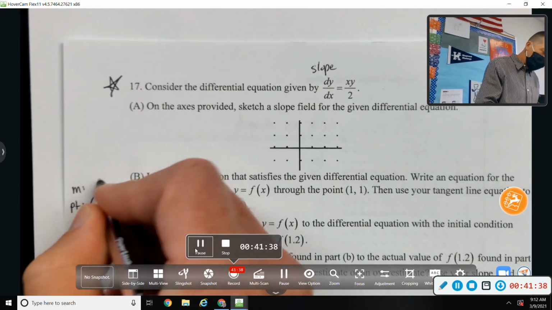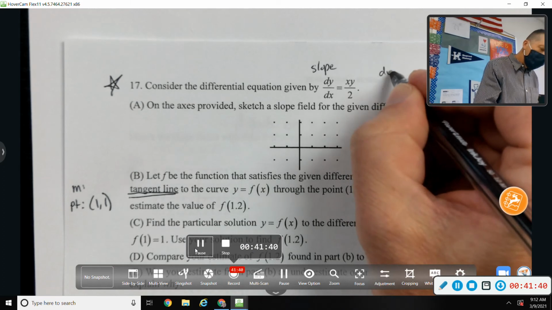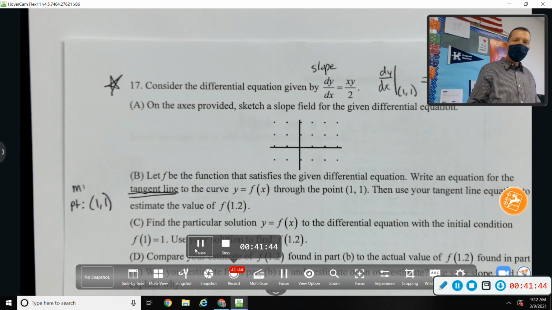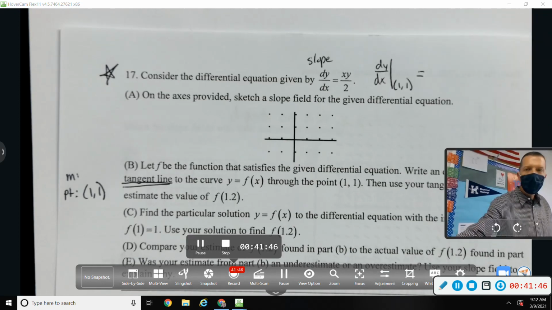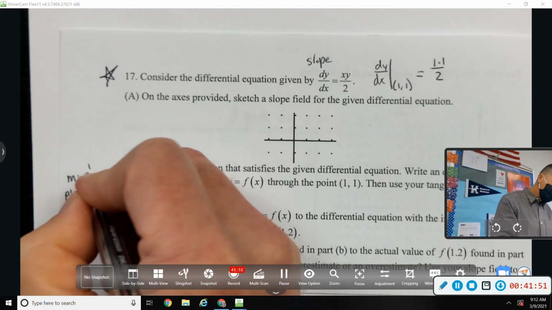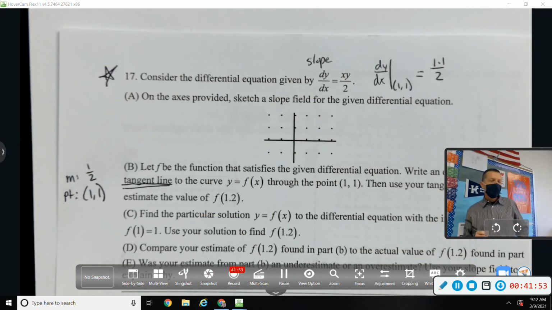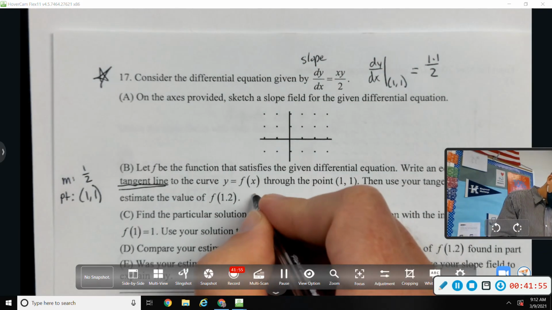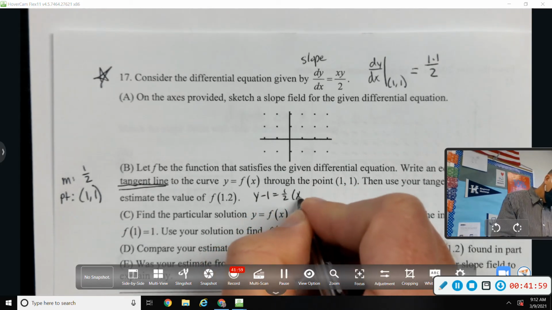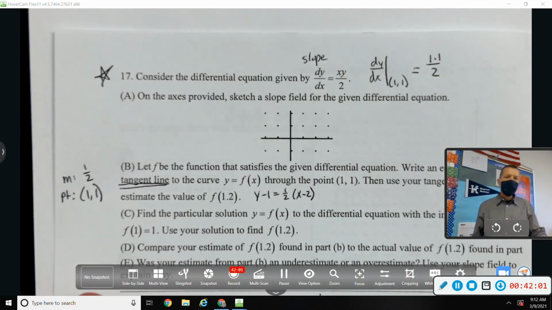So my slope would be dy/dx at 1, 1, which is 1 times 1 over 2. So 1/2. So my tangent line then is y minus 1 equals 1/2 times x minus 2.